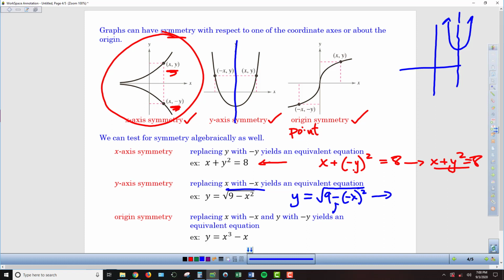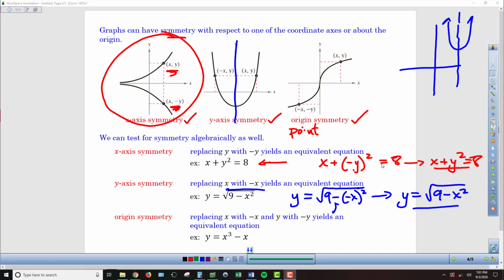So I am indeed going to end up with y equals the square root of 9 minus x squared when all is said and done. We ended up with the exact same equation as our original, so we've confirmed algebraically that the graph of this equation would have y-axis symmetry.